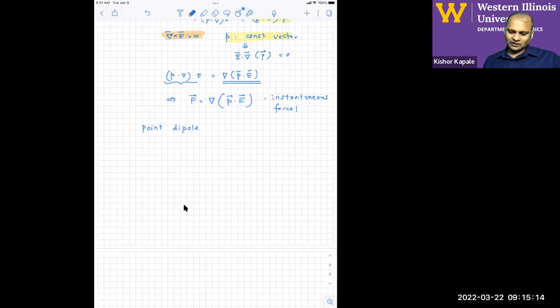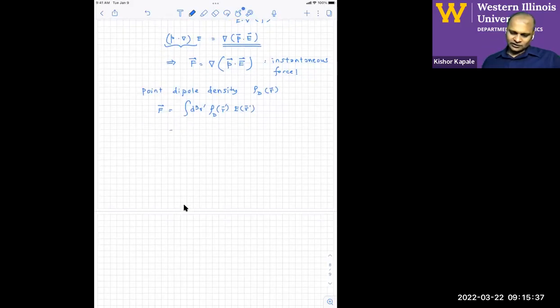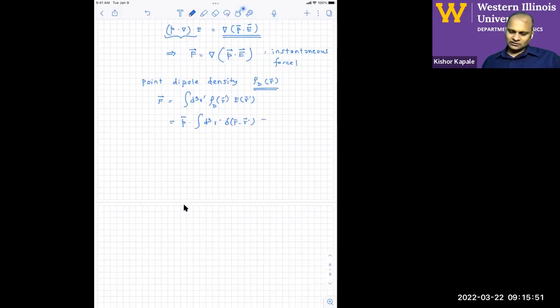So point dipole density, we know rho D of R. So then you can calculate the force, which is the volume integral over the coordinate R prime, E of R prime, which is then going to be P dotted with integral of d cube R prime, delta of R minus R prime. We know the expression for rho D that we saw earlier, times the gradient applied to E.